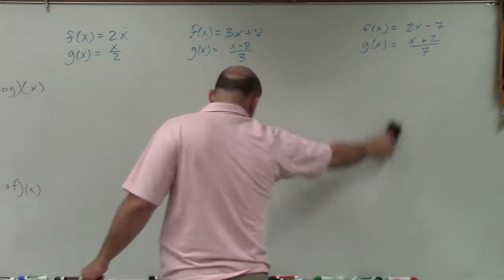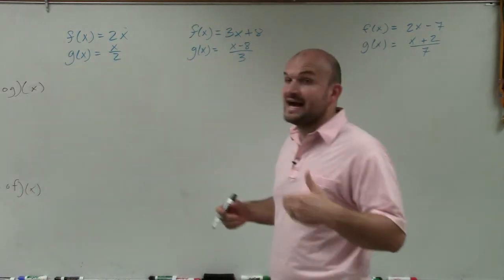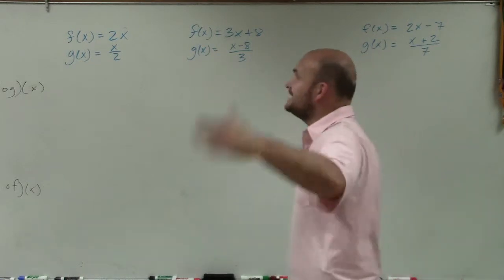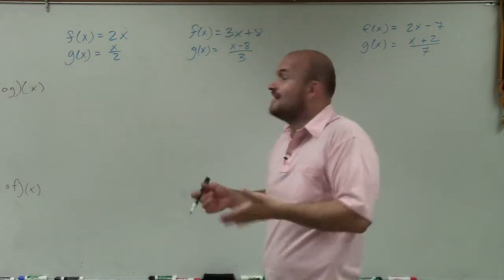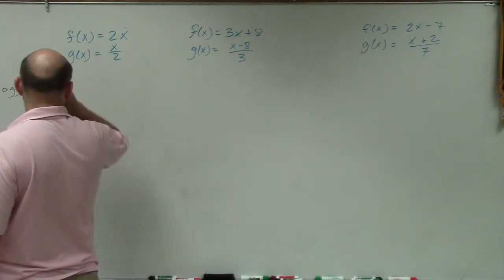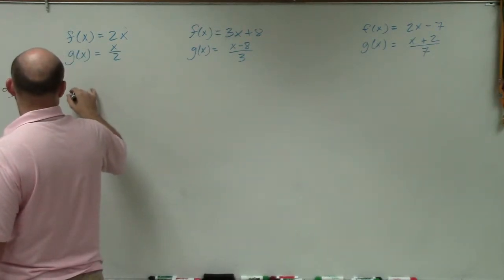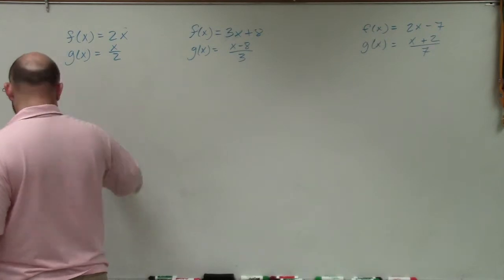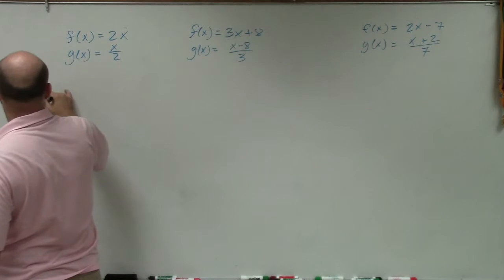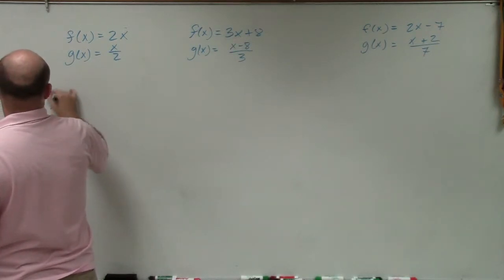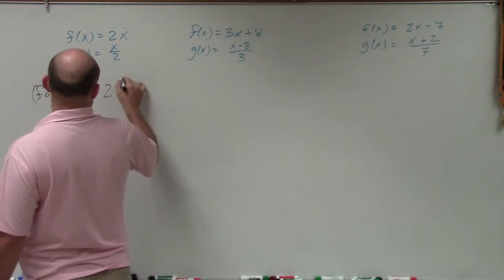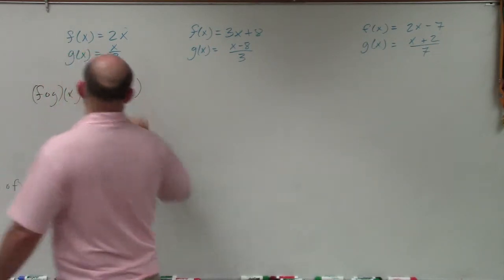Now, if you remember, when we're doing f of g of x, basically what we're doing is plugging the g of x function into the f of x function for the input value x. So f of g of x is going to be 2 times x over 2, right?